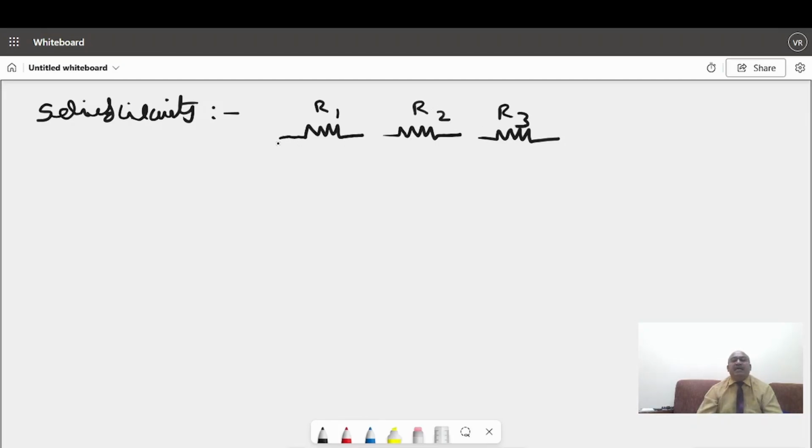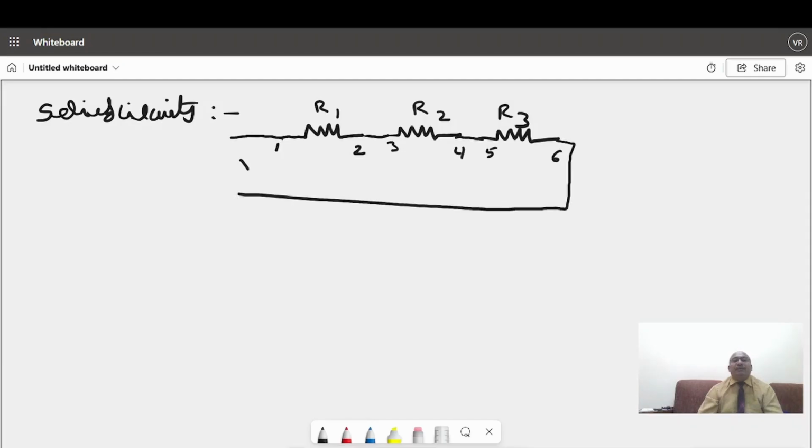Every resistance has a starting and a finishing point. 1 and 2 are the starting and finishing points of R1, 3 and 4 of R2, and 5 and 6 of R3. The ending point is connected to the starting point of the next resistance. Similarly, you get one circuit like this, and this is the input line.